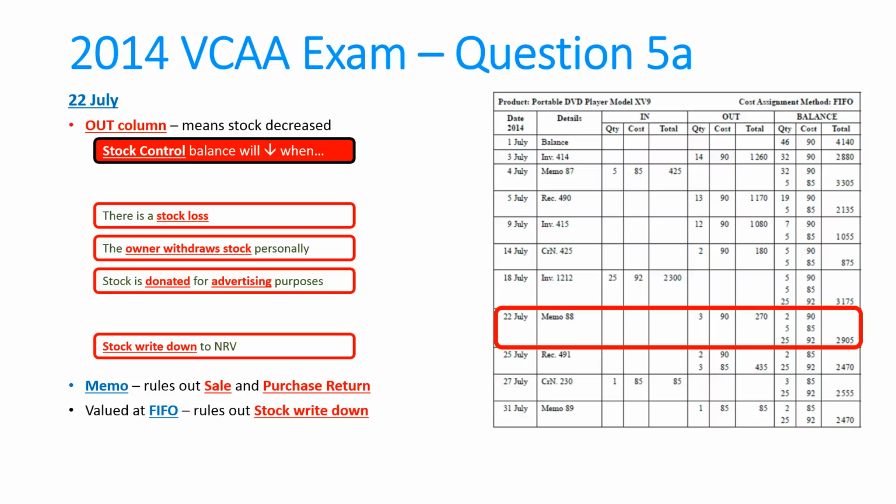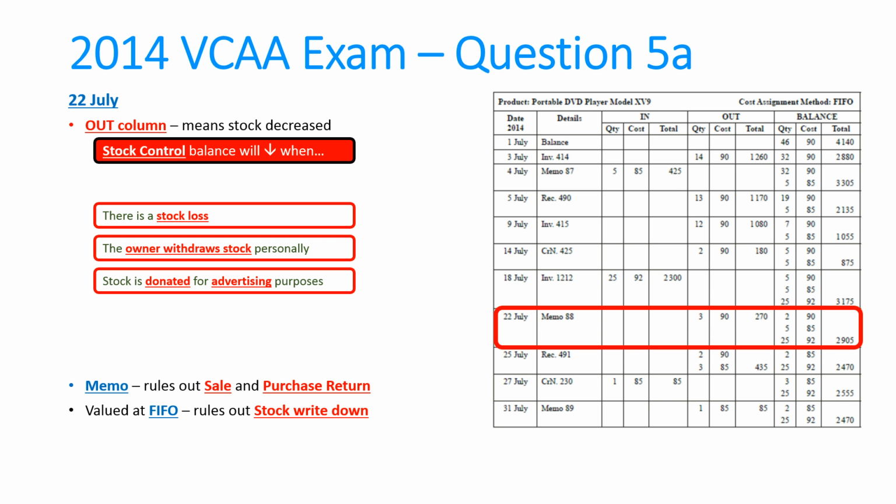However, what we can see is that this has been valued at FIFO. If we look at the previous transaction, we had 5 at 90, then 5 at 85, then 25 at 92, and then something happened and the stock left the business and it was valued at $90. So we can see here 3 at 90. So that's come from the first pile. So these have been valued at FIFO.